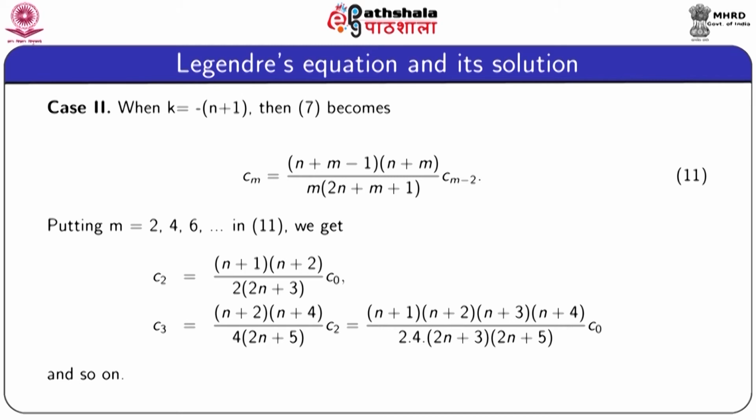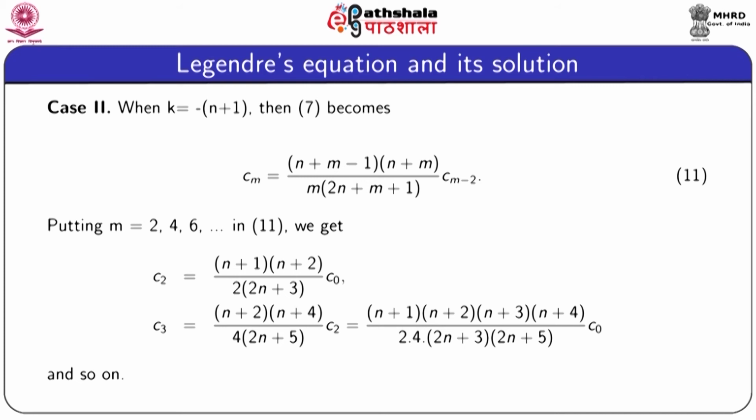In a similar manner, we now put m equal to 2, 4, 6 in this particular expression. Please note, if you put m equal to 3, 5, 7, all the odd numbers, you are again going to get all the C i's to be 0. So, we do not show it in this slide; we just put m equal to 2, 4, 6 in this particular expression.